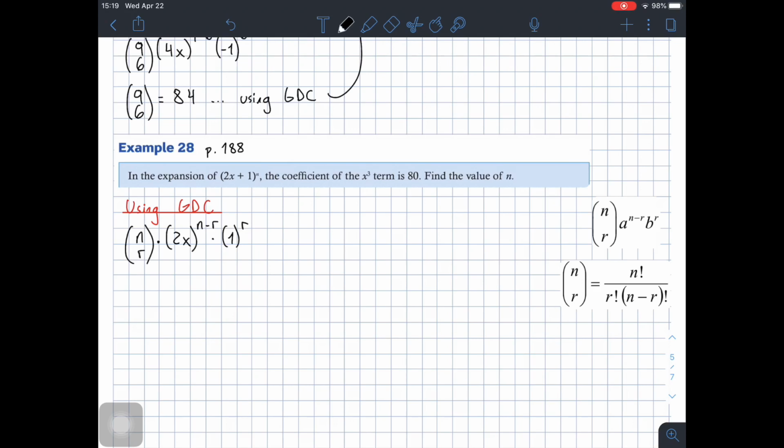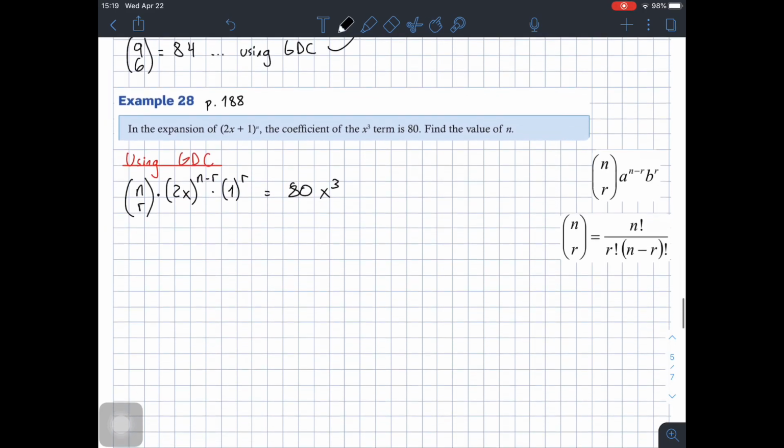This should be equal to, if we develop this and we want to find the x cubed term, whose coefficient is 80, right? So we will set this equal to 80x cubed, in order to solve this, okay?